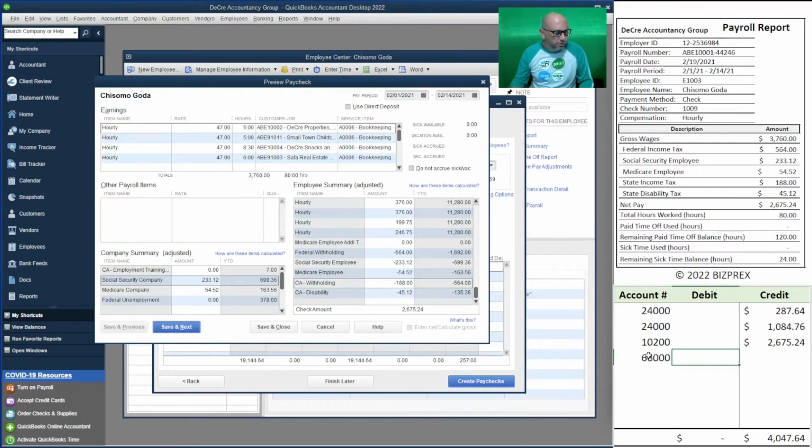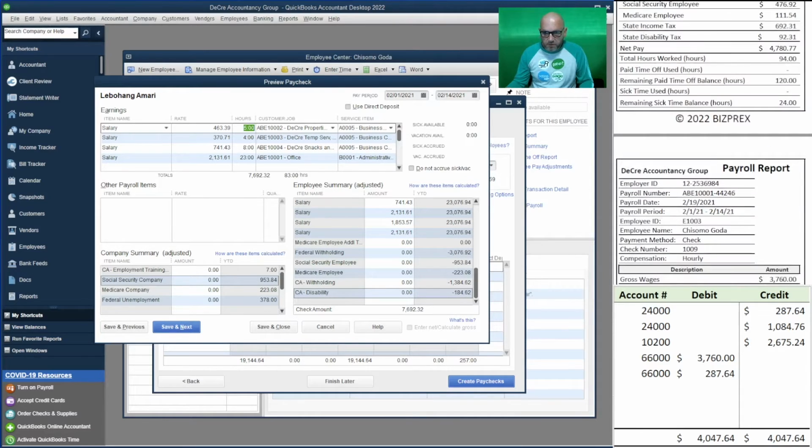So what's going there? That's your wages and employer taxes, and it should equal the credits we have on the other side. If it doesn't, it means I made a mistake. Okay, so now you see debits and credits behind this interface. All right, let's go ahead and save and go next.